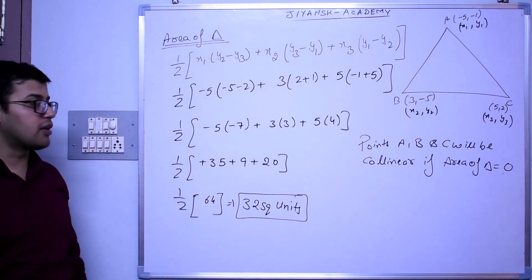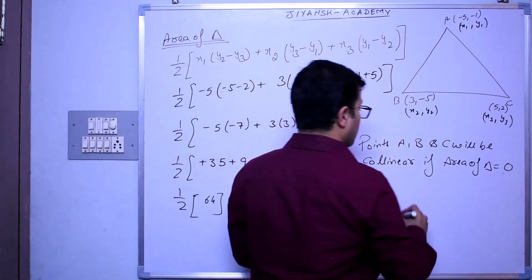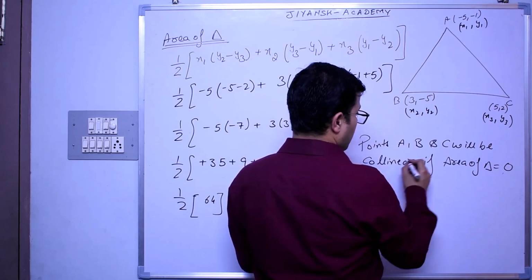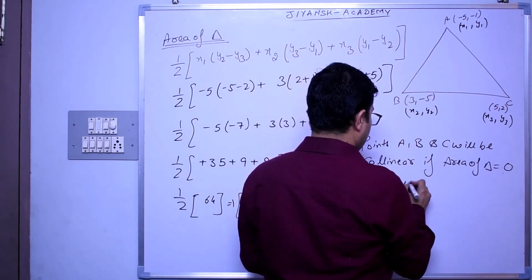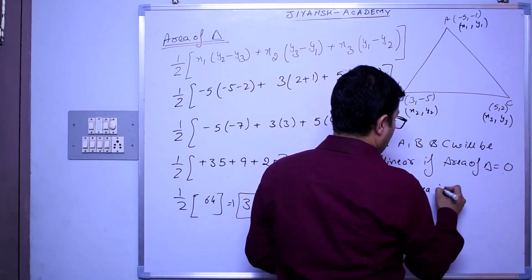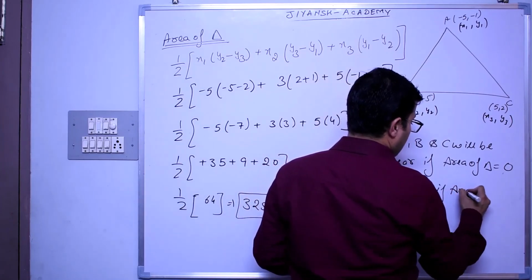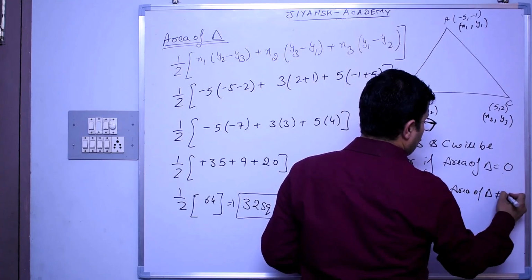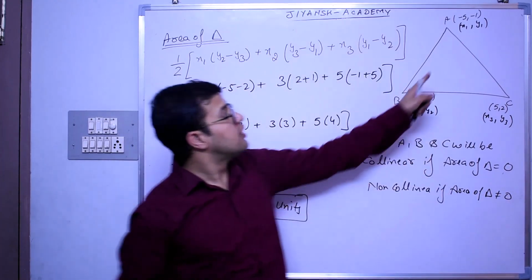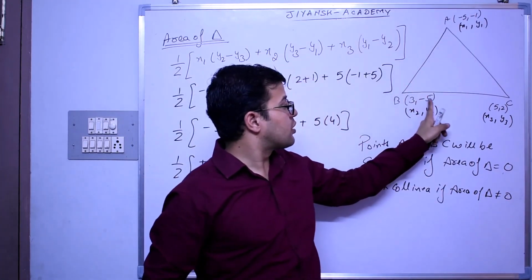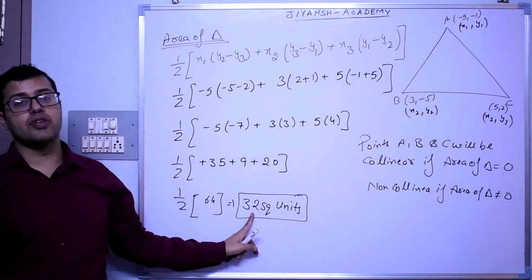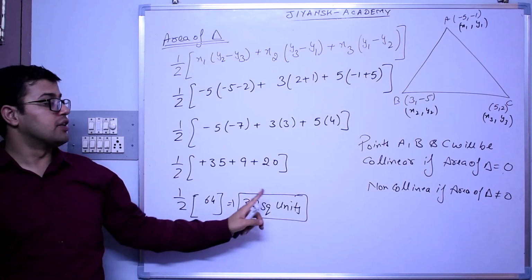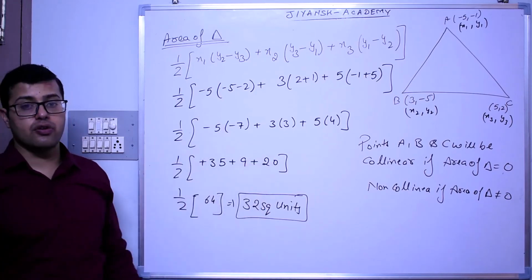If area of triangle comes out to be 0, the points are collinear, and they will be non-collinear if area of triangle is not 0. So I can say that -5, -1, 3, -5 and 5, 2 are not collinear because I have a value over there, that is 32 square units. It is not 0, hence the points are non-collinear.